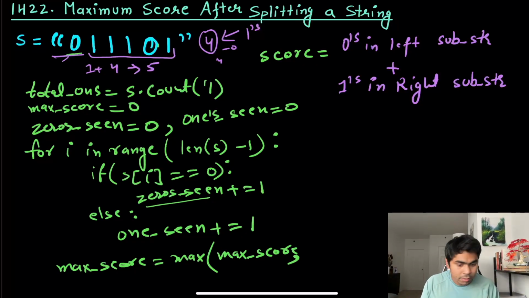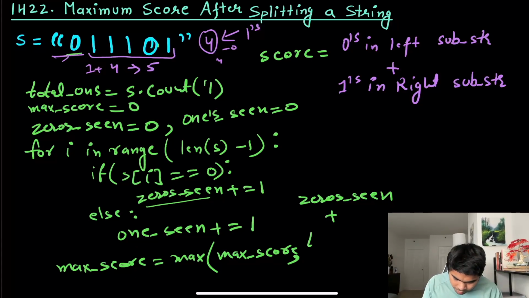So we'll say zeros seen plus total ones minus ones seen so far. Okay, so now you can see minus ones seen.